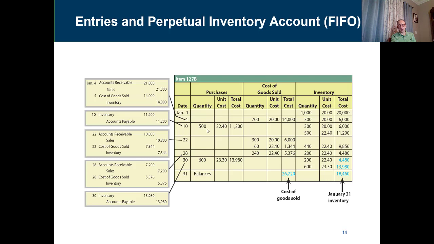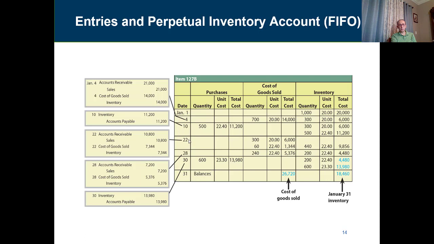And then we add to it the most recent purchase transaction, which is the 500 at $22.40, 11,200, and that will be the second row. So you notice here on January 10th, after the purchase transaction, we have to add a new row for the inventory balance. So we have a row for the original balance, which is the 300 units at 20, and we have the new 500 at 22.40.